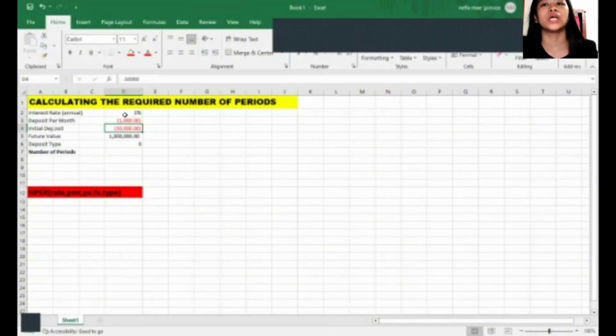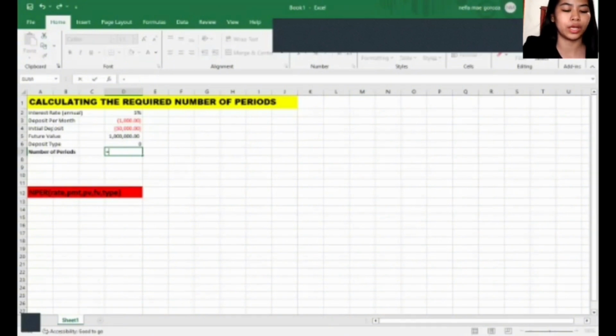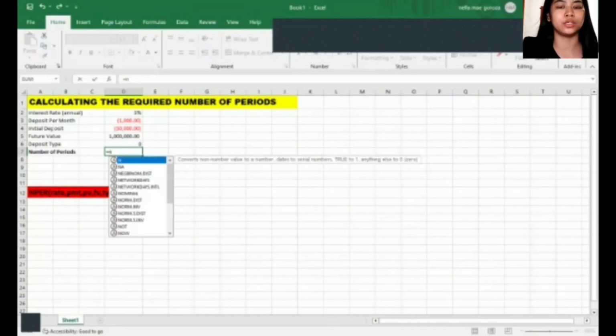Then monthly deposit of 1,000 and an expected 5% interest rate. So using this data, we can calculate the required number of months using the NPER function. So try natin. NPER.